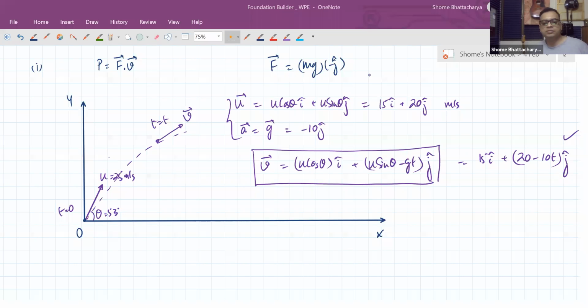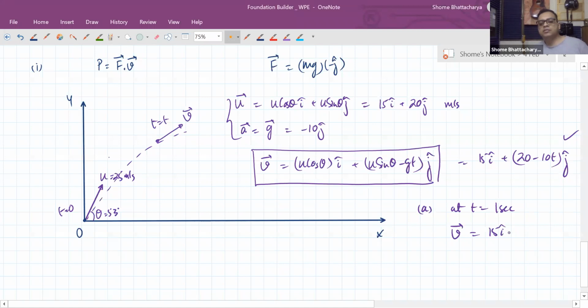Okay, so in the A part, at t equal to precisely 1 second, the instantaneous velocity becomes 15 i cap plus 10 j cap in meters per second. And the force of gravity we are talking about is, remember the mass of the body was 2 kg, so the weight is of magnitude 20 newtons.